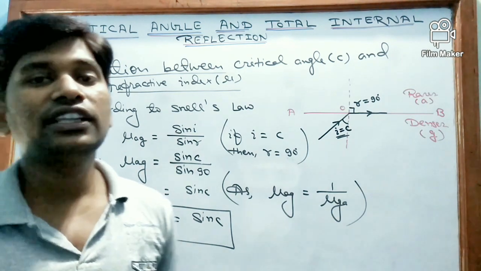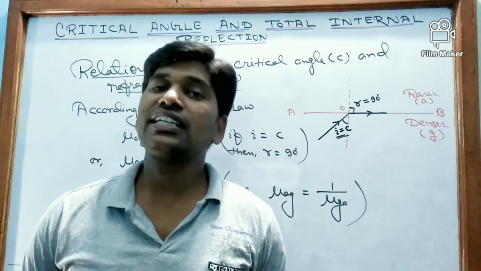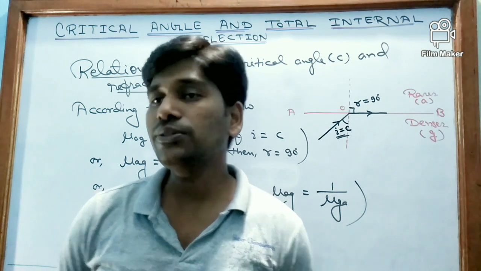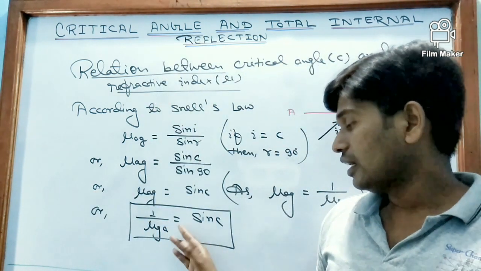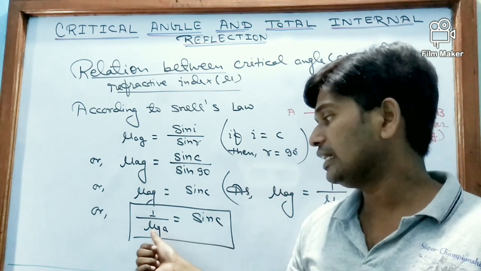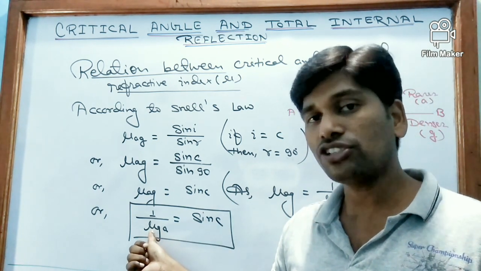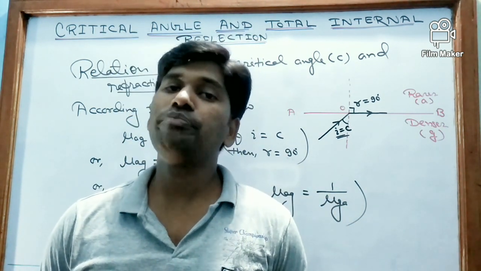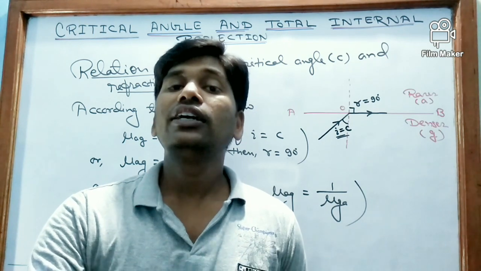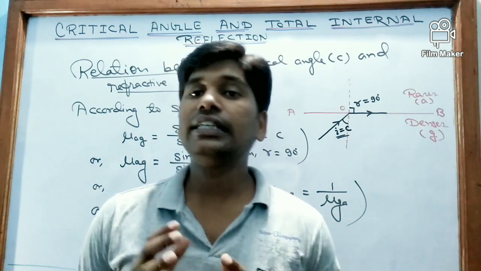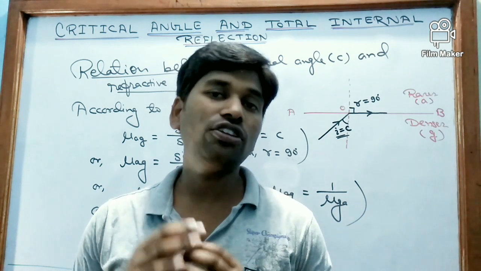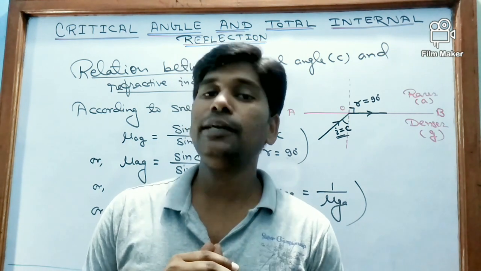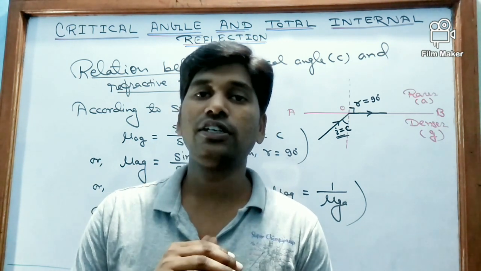Now let us see the factors affecting the critical angle, or the factors on which the critical angle depends. As we have seen from this relation, sin C, that means the critical angle, depends on the refractive index of the medium, and we know the refractive index of a medium depends on two factors, that is temperature and the wavelength or the color of light. The first one is temperature.